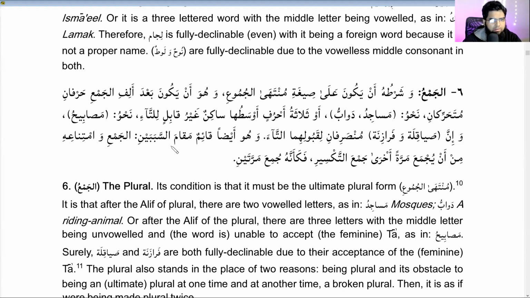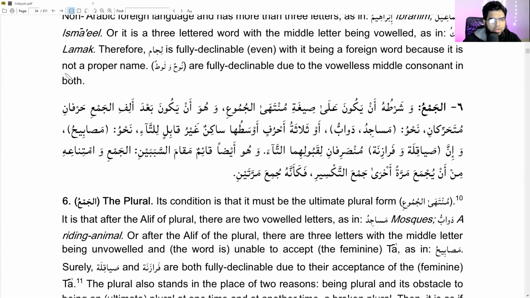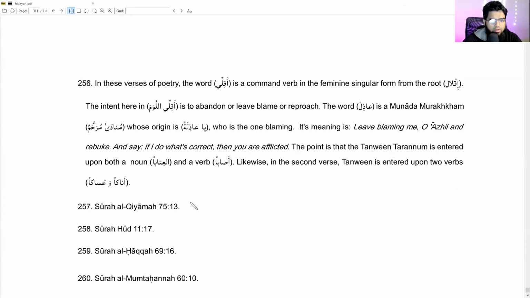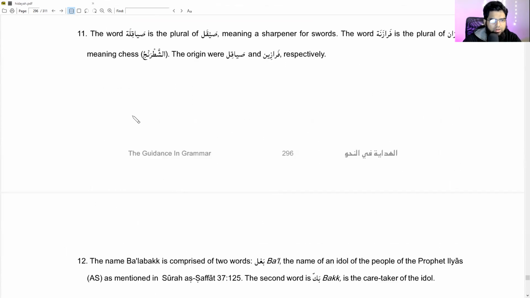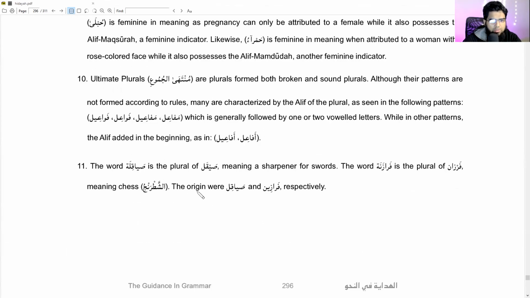Okay, let me check the footnote, 34th page, right? So let's go to the end of the book. Oh, yeah, 11th footnote. The word sayaqil is the plural of sayqil, meaning a sharpener of swords. Farazina is the plural of farzan, meaning chess, shatranj.